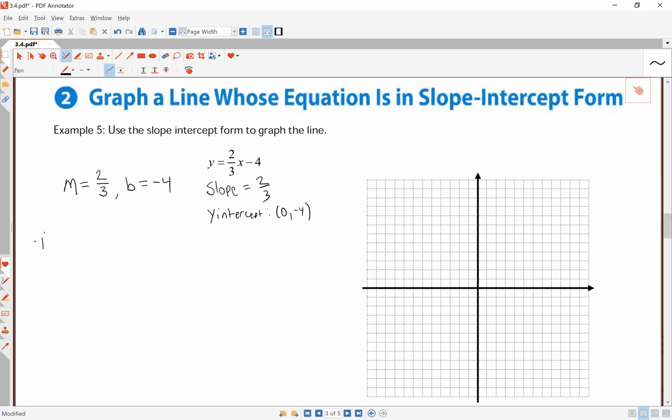To achieve this, number one, we're going to start at (0, -4). We're going to locate that point, and that's where everything starts from.